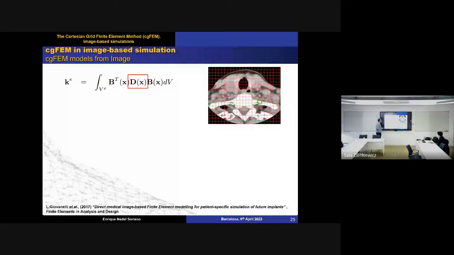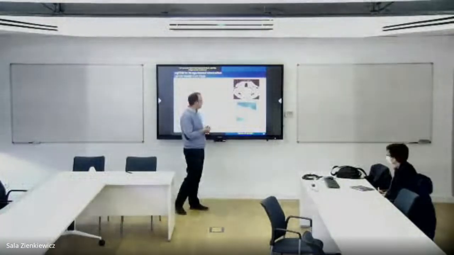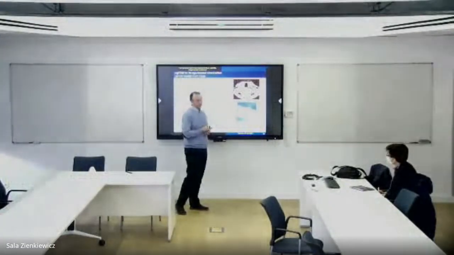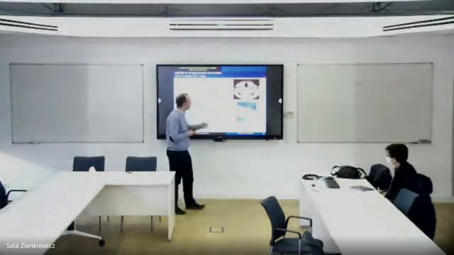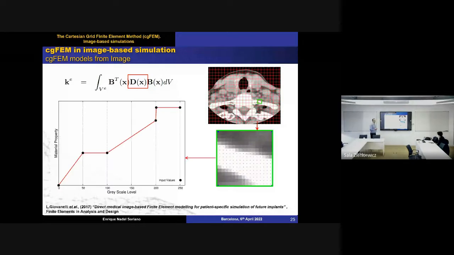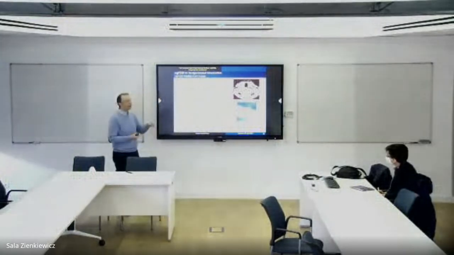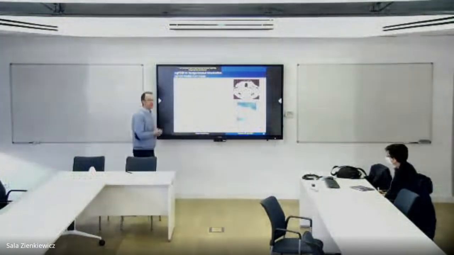We observe that the element has several voxels, or several pixels in the 2D case, inside it. So it's possible to correlate the grayscale color with the material properties via the Hounsfield scale. It measures the absorption of the CT scans, and then we can obtain the Young modulus for a given color in this framework.